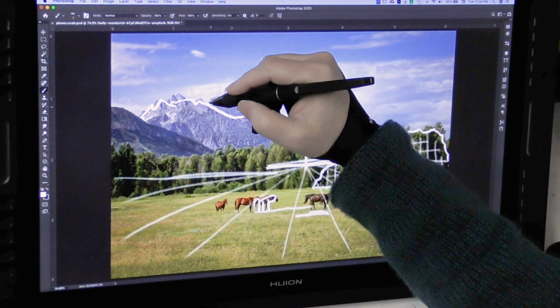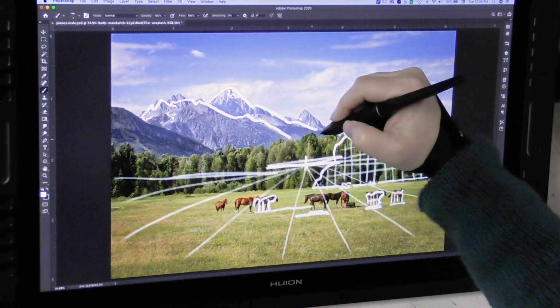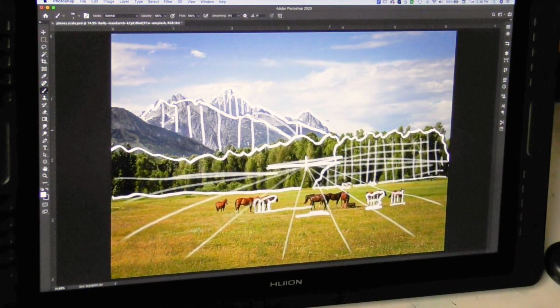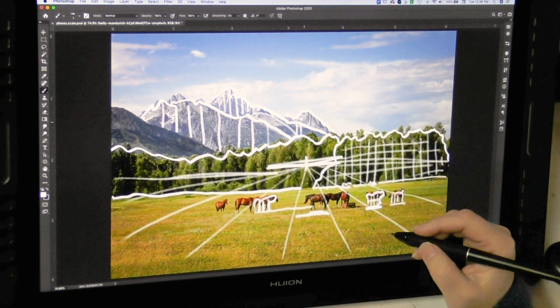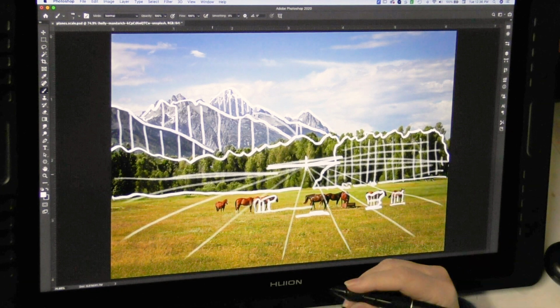Here's another one that's farther away, so you know that one's farther away. Analyze how far away your objects are, and just be aware of it.